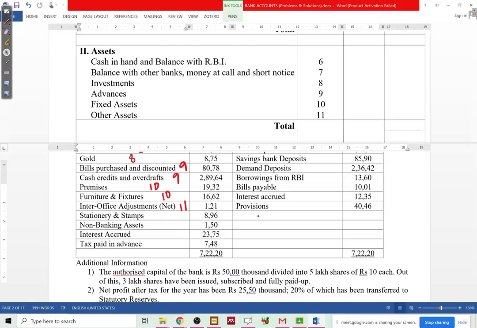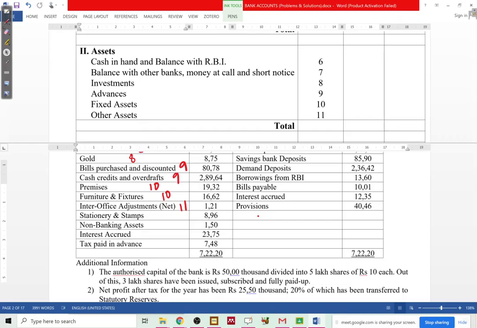What about stationery and stamps? Where should we put stationery and stamps in this balance sheet? It will come under assets only, because it is a debit balance. So where should it be?